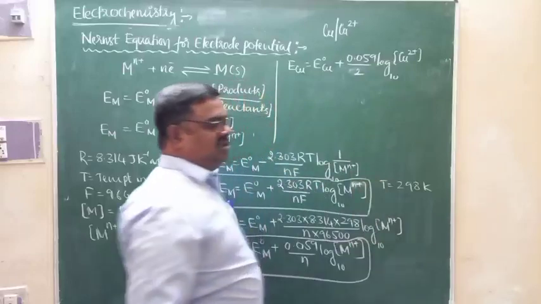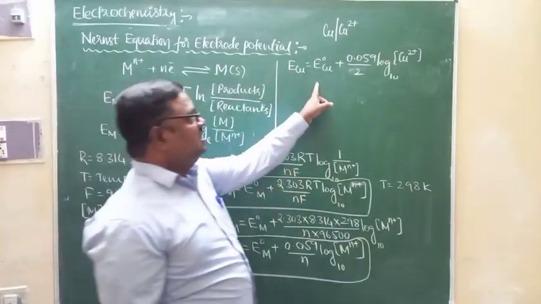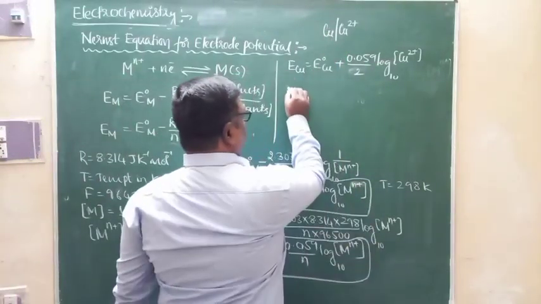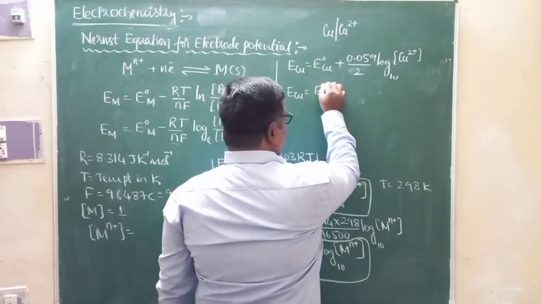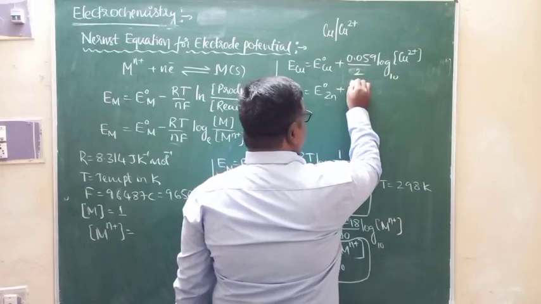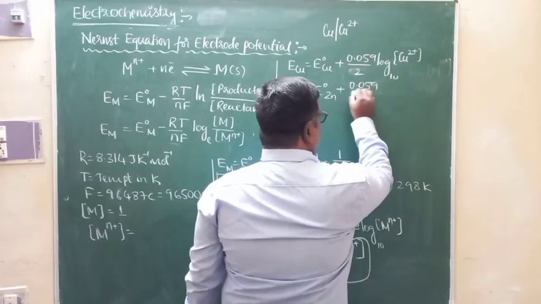So we have to put N equal to 2. This is the Nernst equation for the copper electrode. Similarly, I can write the Nernst equation for the zinc electrode also: E naught of zinc plus 0.059 divided by 2.